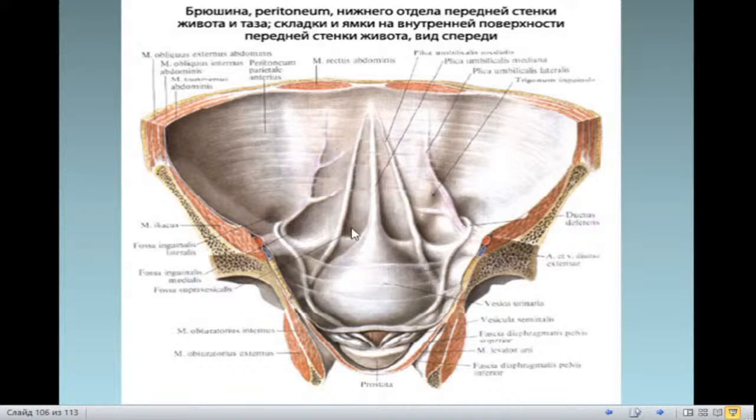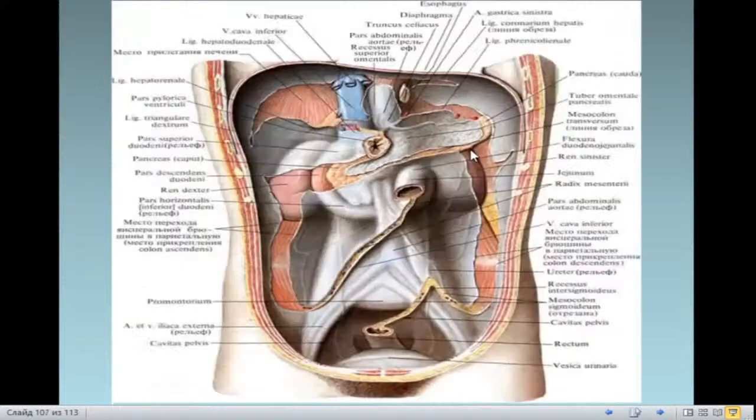And in the medial umbilical folds, there were former umbilical arteries that were functioning only in the embryonic period. I said already that peritoneum suspends the horizontal portion of the large intestine that is called transverse colon. Here is the cut mesocolon.